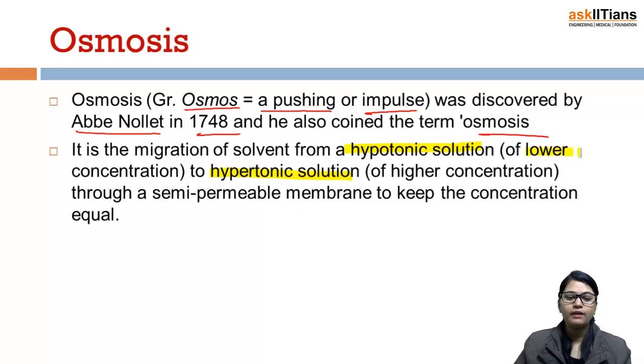Hypo is having lower concentration to the one having higher concentration. So, the area where the solute particles are low in number to the area where they are high in number. So, low concentration to high concentration, and it happens through a semi-permeable membrane.